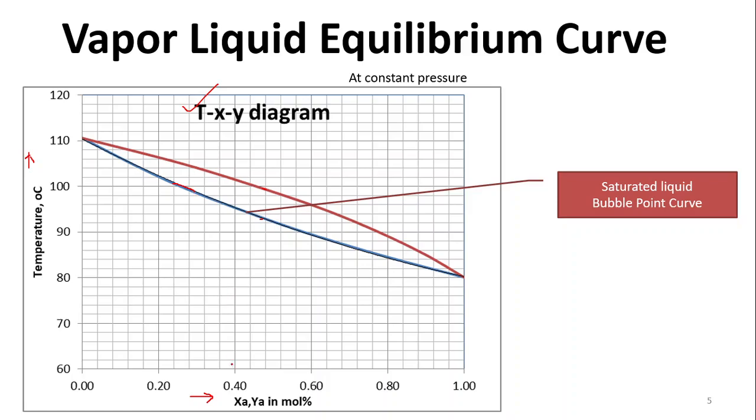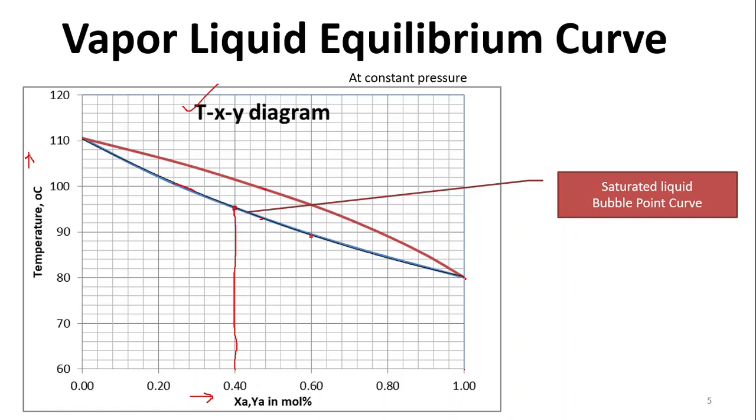For example, if this is our composition 0.4, you can see that at this composition the bubble point will be near about 90, 95, 97 and so on. And if the composition is 60% A, you will see this one, near about 90 degrees Celsius.